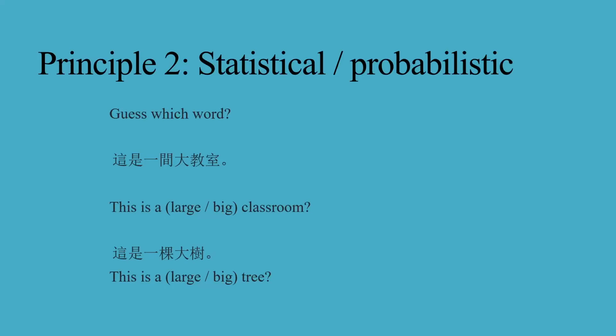However, in the second example, this is a large tree doesn't sound very okay, right? However, this is a big tree is good. So most probably in this case, we choose big rather than large to translate the Chinese sentence.